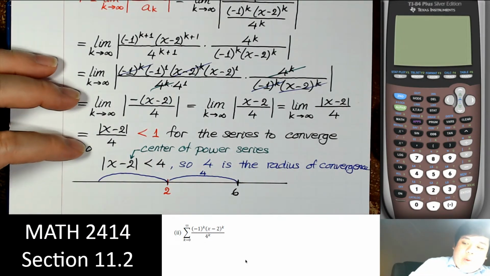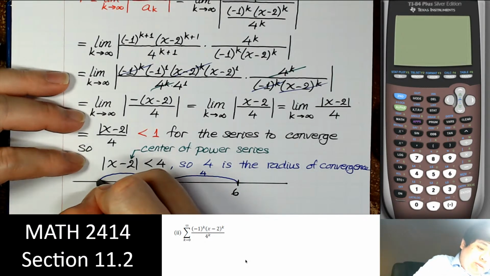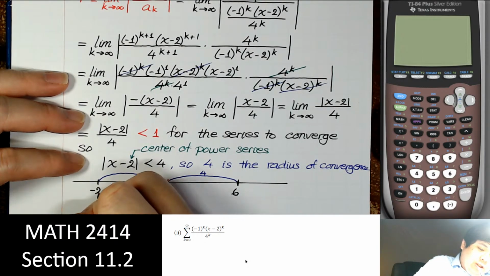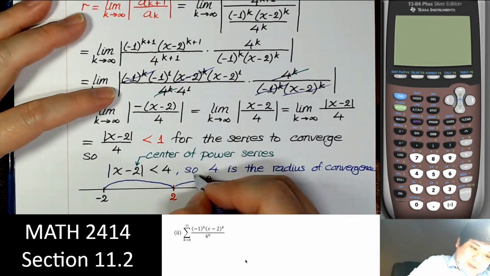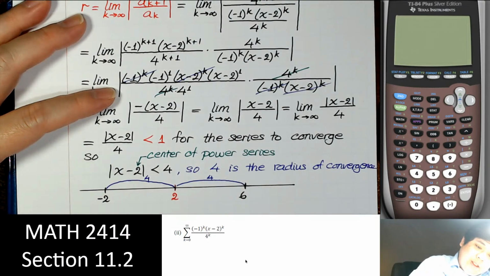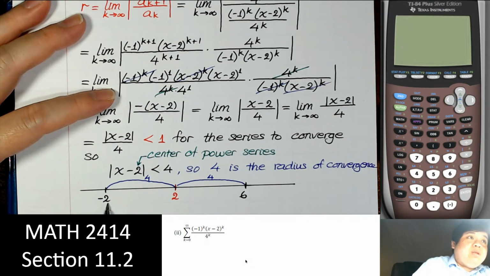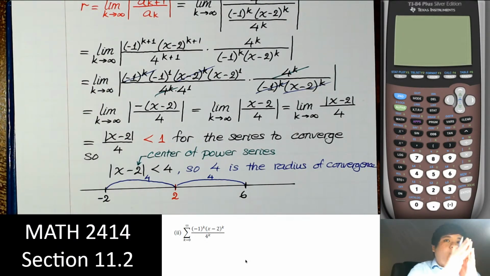If we go 4 the other way, this has to be negative 2. Because 2 plus 4 is 6, and 2 minus 4 is negative 2. So 4 away from 2, we have 6, and then negative 2.